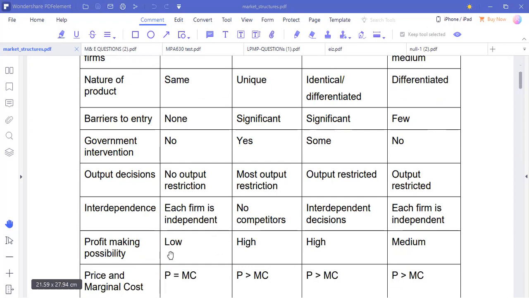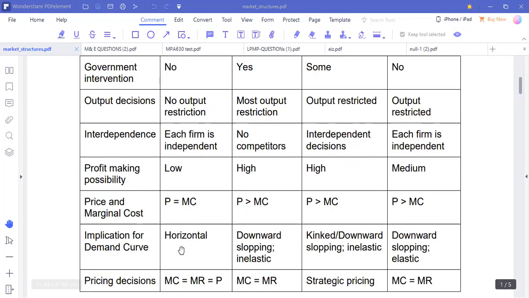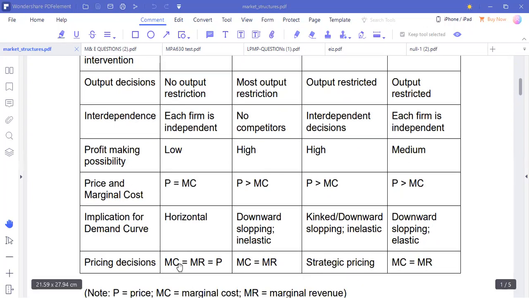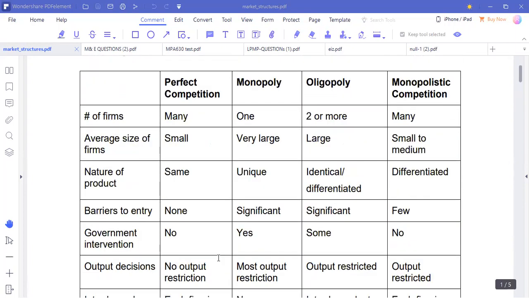The profit-making possibility is low, and where price equals marginal cost, that's where profit is maximized. The graph is horizontal, and the pricing decision is such that marginal cost equals marginal revenue, which is the price itself. These are the characteristics of a perfectly competitive market that you need to take note of.